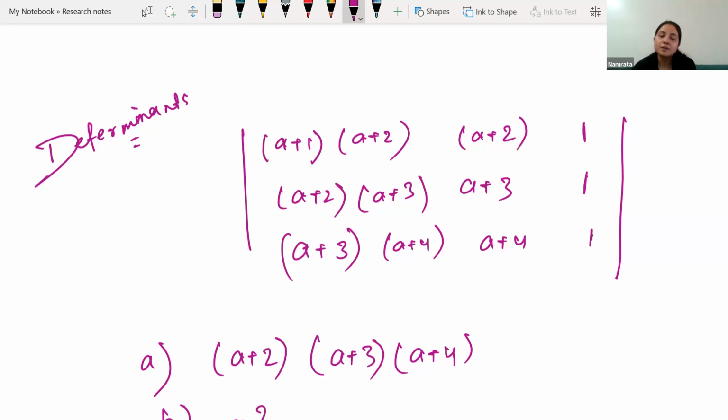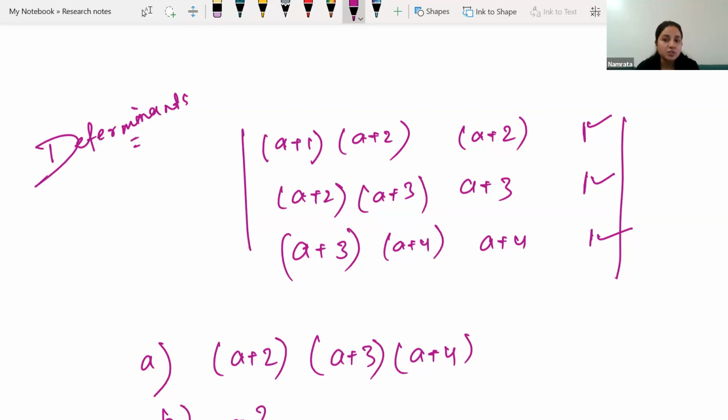So here what can be done, here we can see 1, here we can see 1, here we can see 1. Now in this determinant, how we expand the determinant, we just pick any one row or any one column, and then accordingly we go ahead and expand it. So if we are able to make any two elements of a single row or a single column 0, then easily we will be able to expand it by taking only the third element.